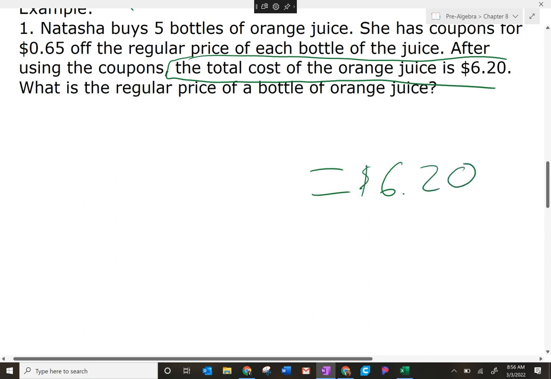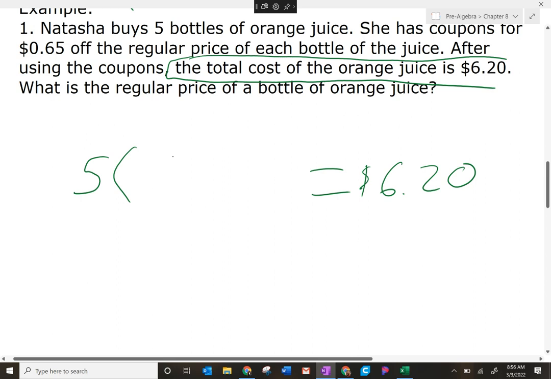All right. The stuff on the left-hand side. She buys 5 bottles of juice with a coupon for 65 cents off each bottle. How do you think we could set that one up? Daniel? Would be like 5 on the outside of the parenthesis, and then like a variable.